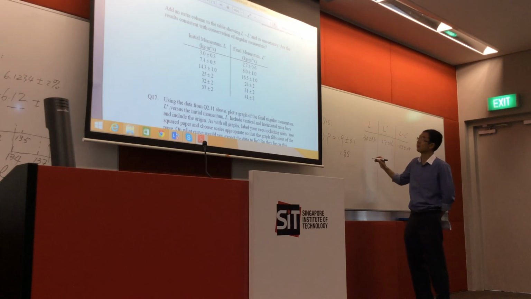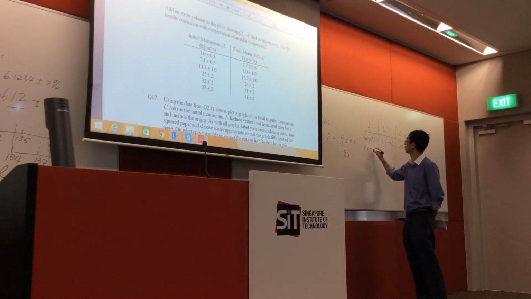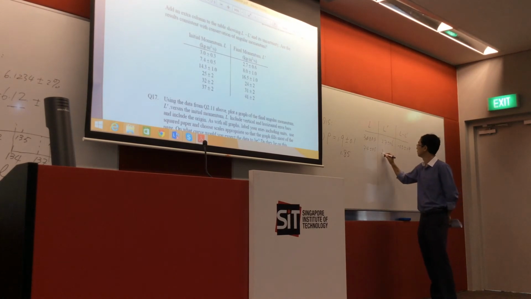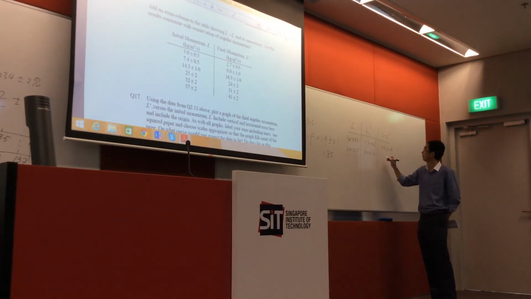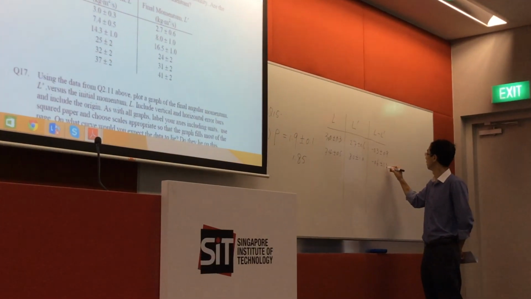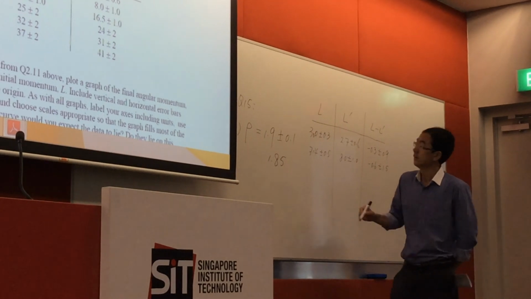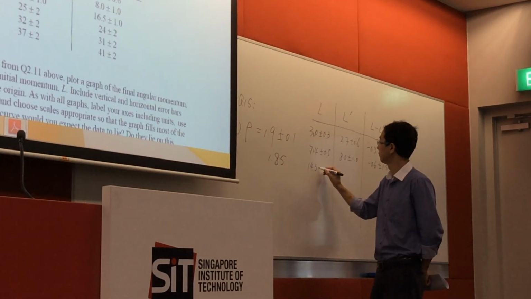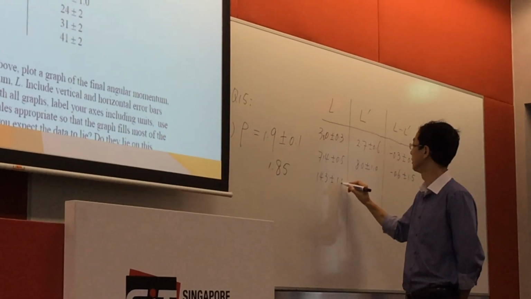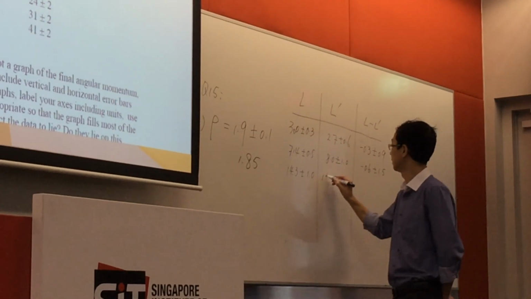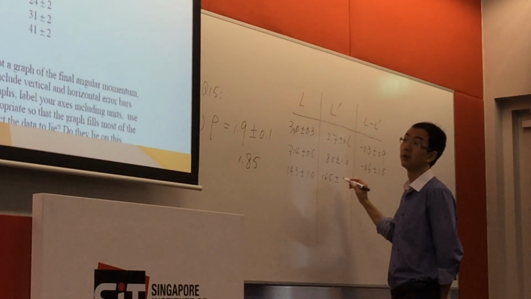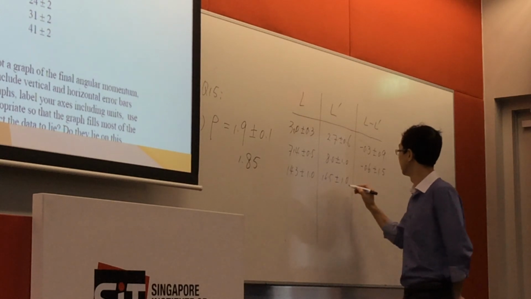The second one will be 7.4 plus minus 0.5 and 8.0 plus minus 1.0, right? So what do you have here? Minus 0.6 plus minus 1.5. So this one 40.3 plus minus 1.0, right? 60.5 plus minus again 1.0, right?